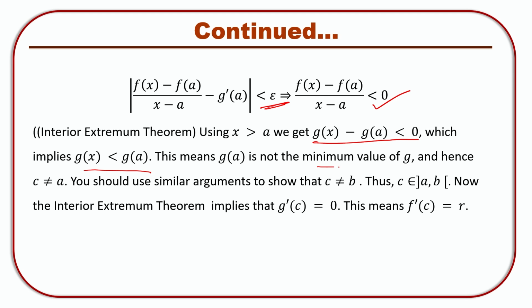This means that g(a) is not the minimum value of g, and hence c is not equal to a.